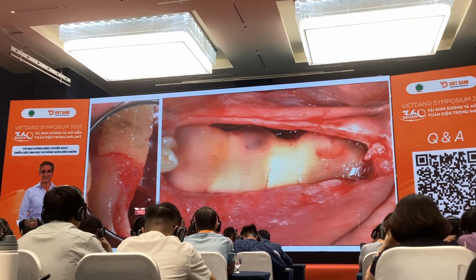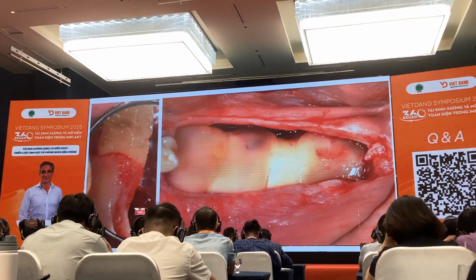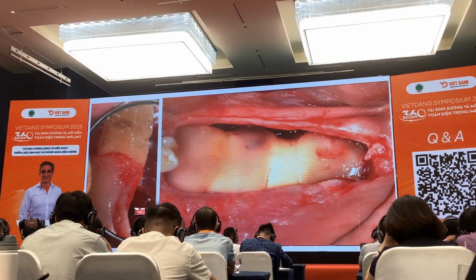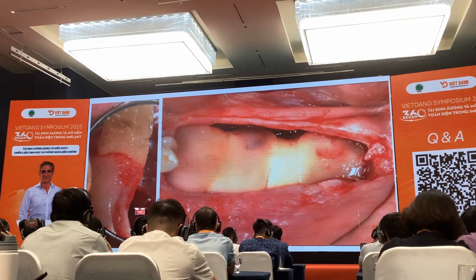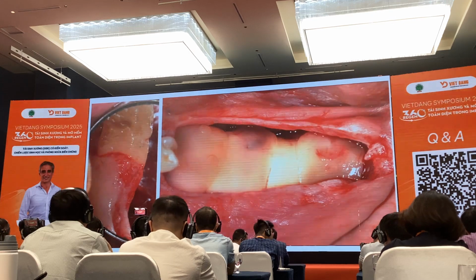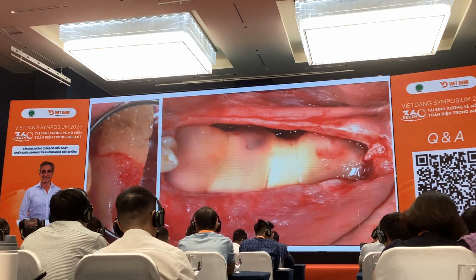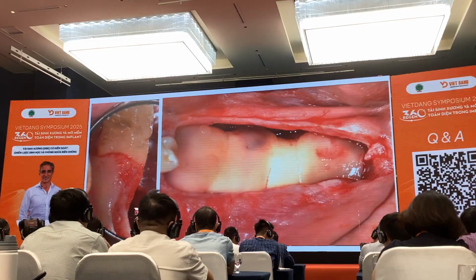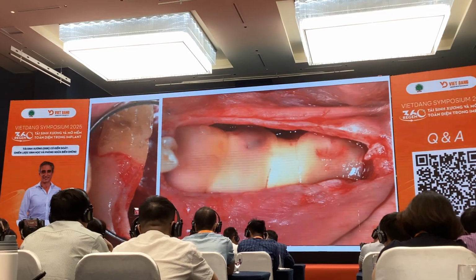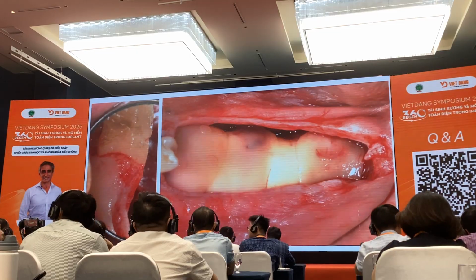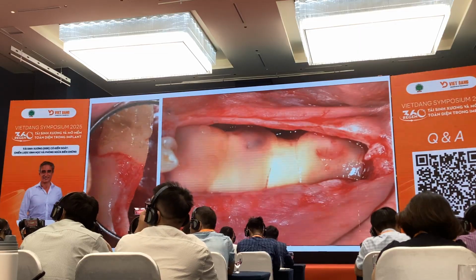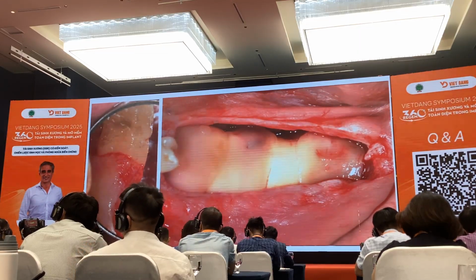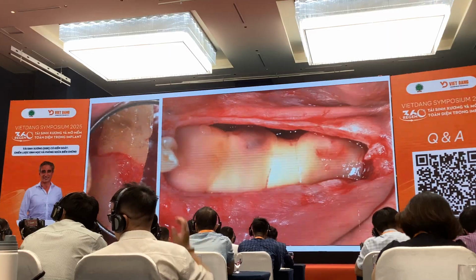Okay? In this way, when I place the flaps over the top of the regenerated area, can the periosteum get in contact with the residual bone peak? No. Because the bone peak is here, the level of the membrane is here, the flap is here, and the periosteum cannot get in contact with the bone peak.